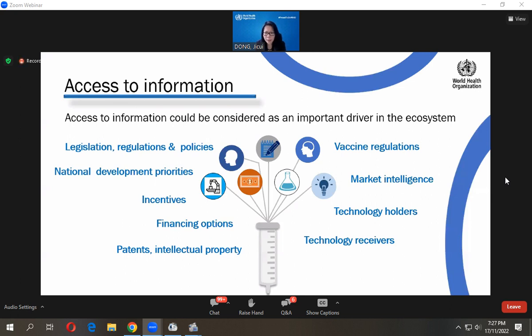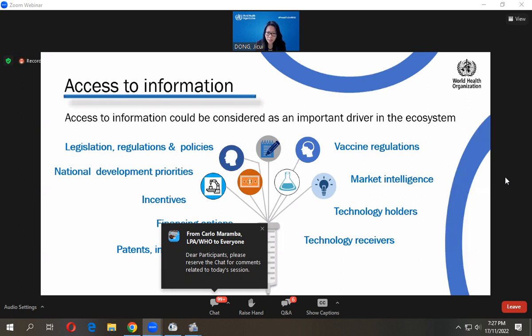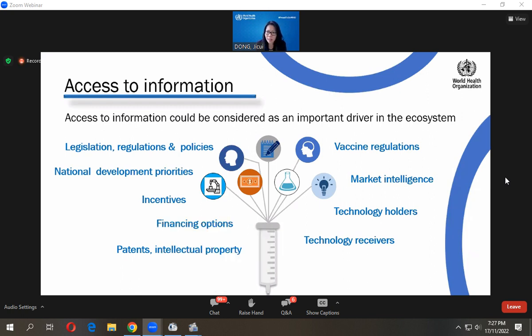You need to know the regulations in the receiving countries, what the market situation is, and also what their capacity and patent system are. All this information is very important. So what we say is, access to information could be considered an important driver in the ecosystem.